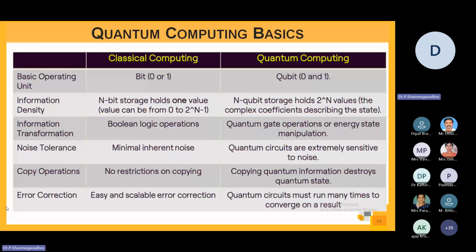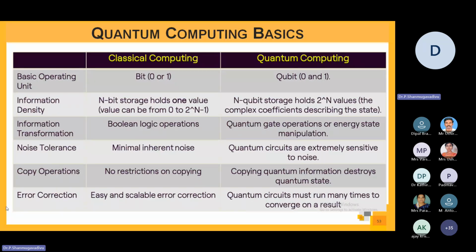So let us have a comparison of classical computing and quantum computing. The basic operating unit is the bit, which is either 0 or 1. A qubit involves 0 as well as 1. Information density: n bits store one value, which can be from 0 to 2^n minus 1.